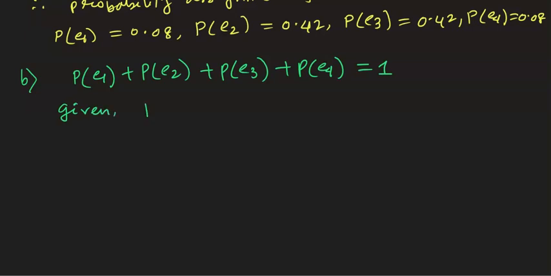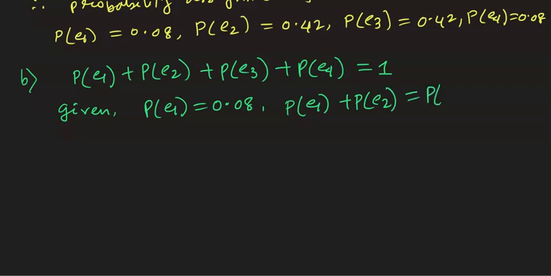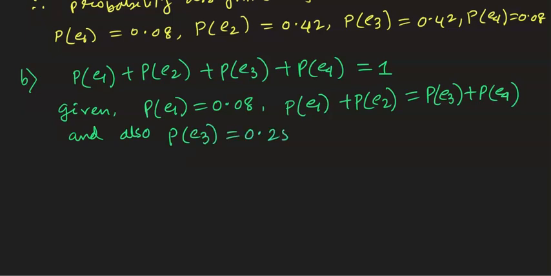Given probability of E1 equal to 0.08, probability of E1 plus probability of E2 is equal to probability of E3 plus probability of E4, and also probability of E3 is equal to 0.25. Let this be 1 and this be 2.